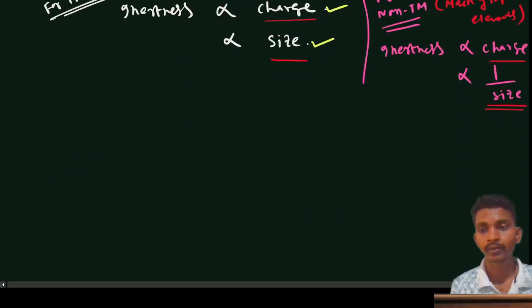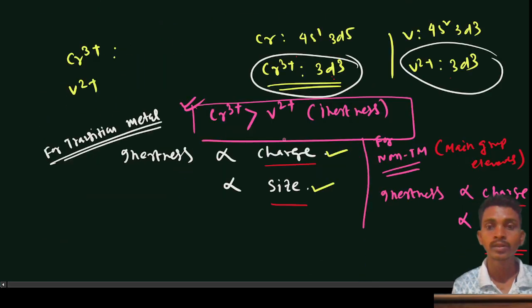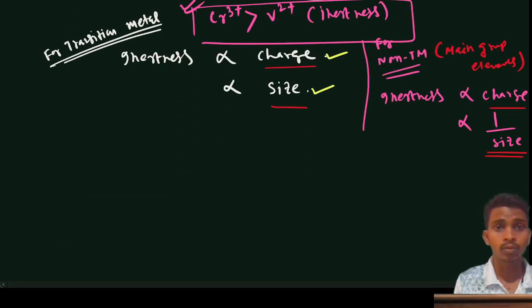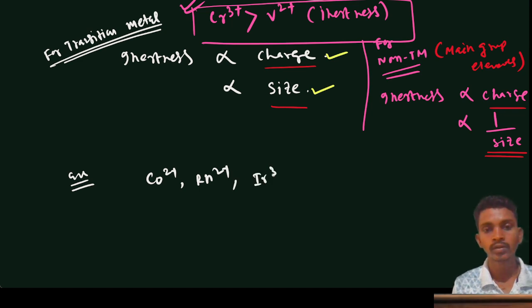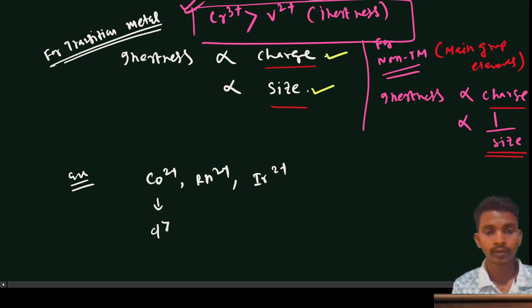Similarly, we can look at another example for transition metal complexes. Let's say cobalt 2 plus, and the other 2 plus ions in the same group. In both cases we see this is d7: this is 3d7, this is 4d7, and this is 5d7.